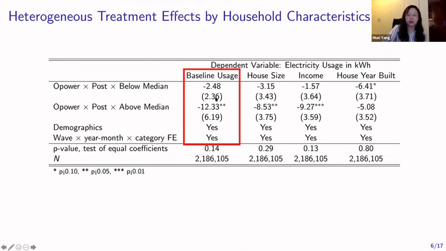We can see that the treatment effect is larger for households with higher baseline energy usage. And also, based on point estimates, households with larger houses and higher income also reduce consumption more, but the difference is not statistically significant in those 2 cases. So with this suggestive evidence, we now turn to think about targeting treatment based on observables.